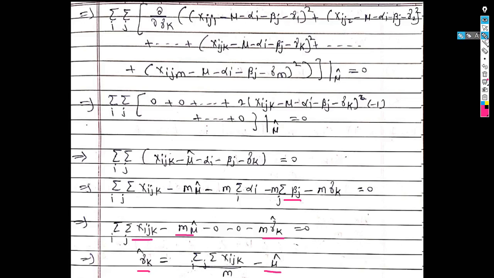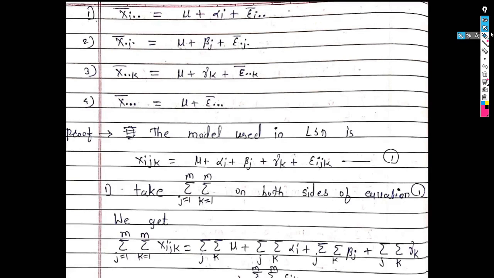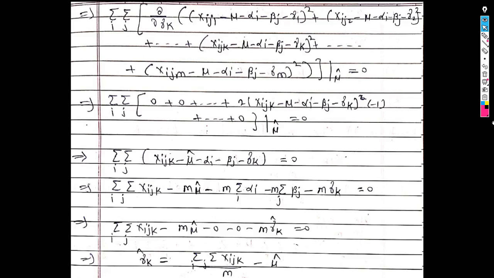So when we take the summation over i and summation over j of xijk, we get the kth treatment total.